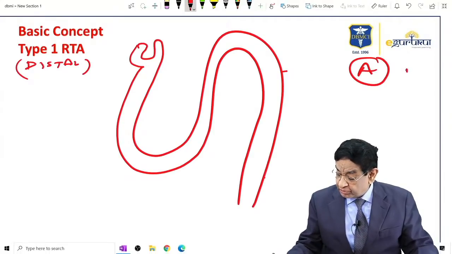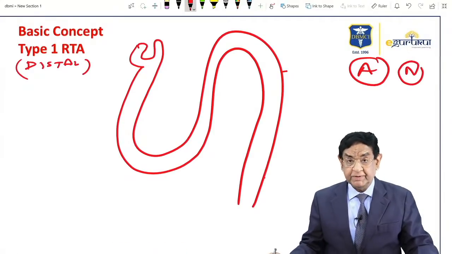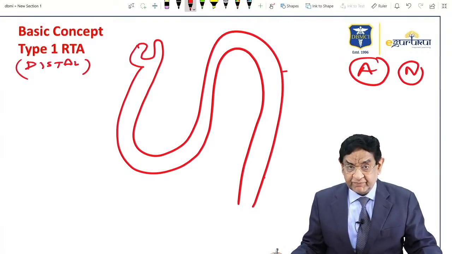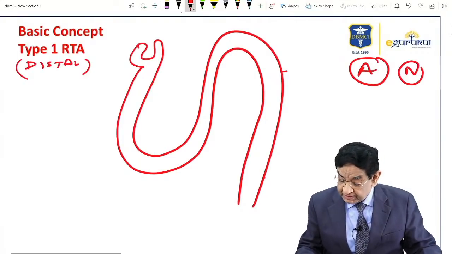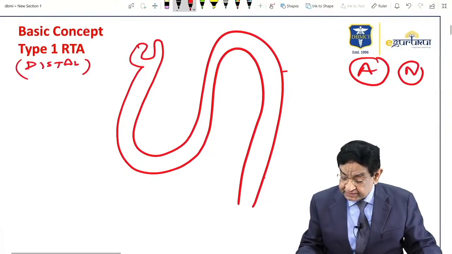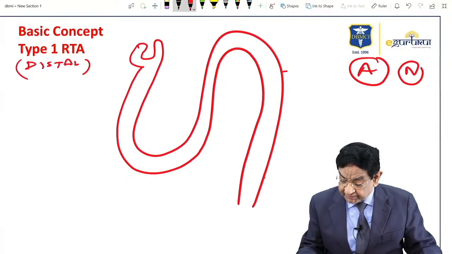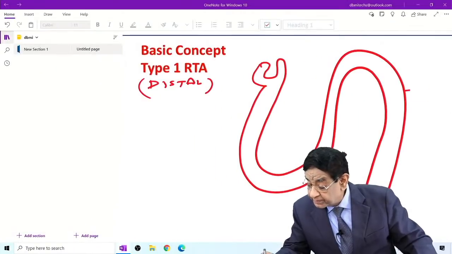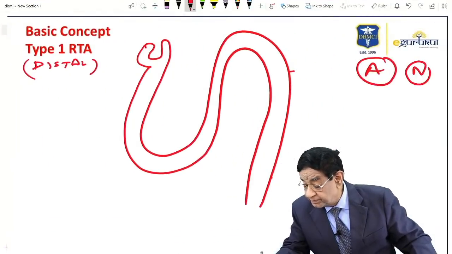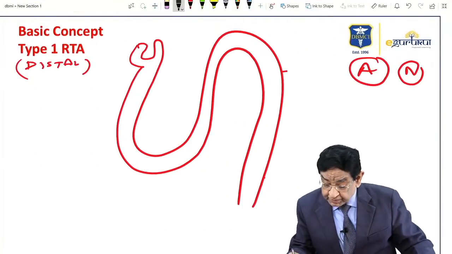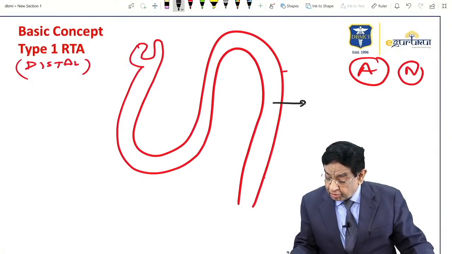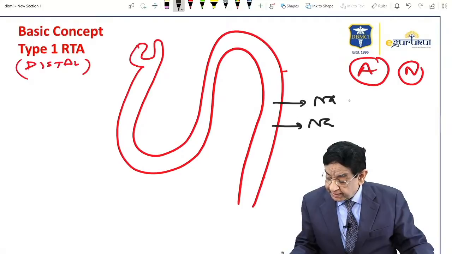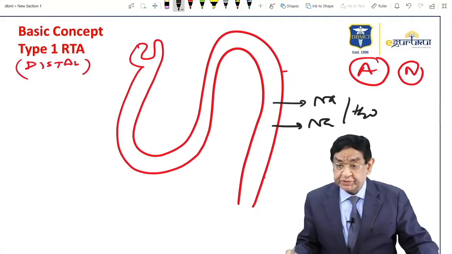Here, aldosterone level is normal. Point to be noted, in type 4, the level was reduced. So as aldosterone level is normal, what will happen? Normally it will absorb 2 sodium, and water will be absorbed as usual.